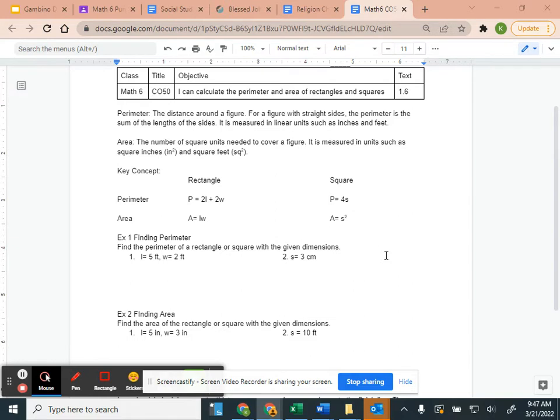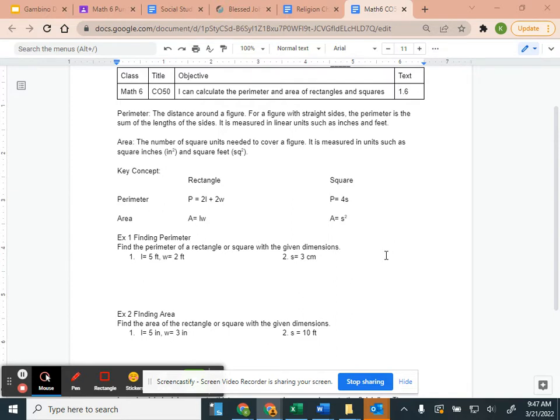So our first one is the easiest one because we've worked with perimeter and area of rectangles and squares before. So we like to start off our units with easier objectives, and we're going to build on it as our unit goes on. So we're starting off with something that hopefully you'll remember and go, oh, I've done this before.